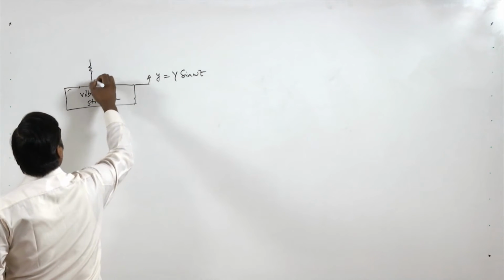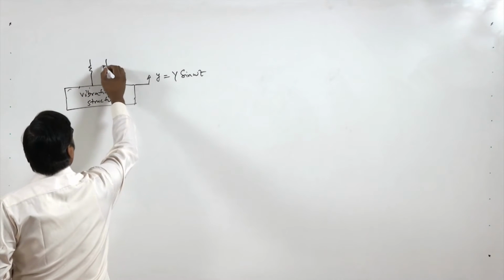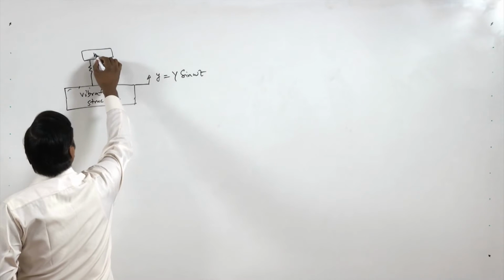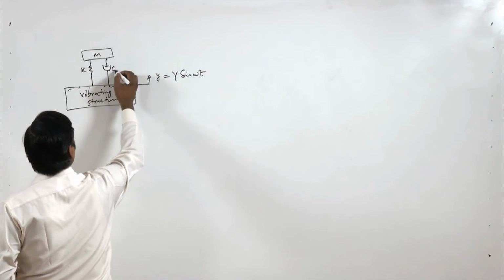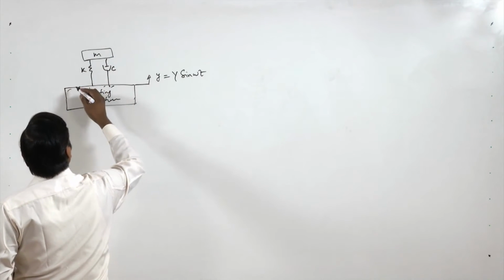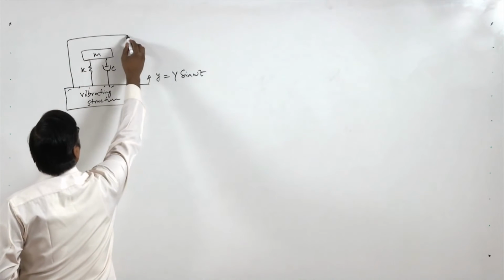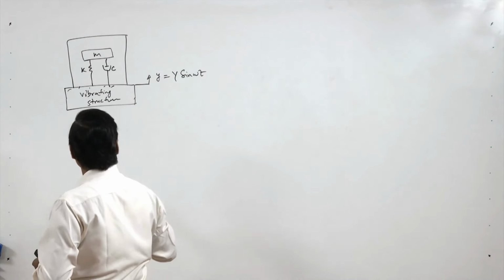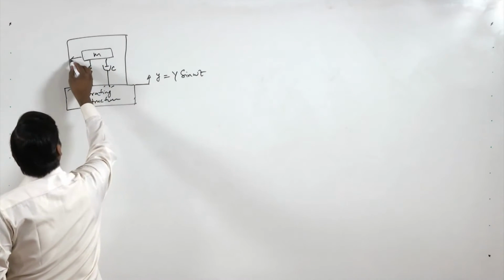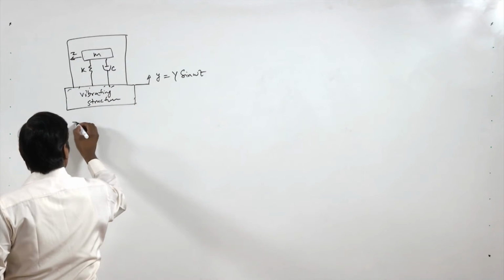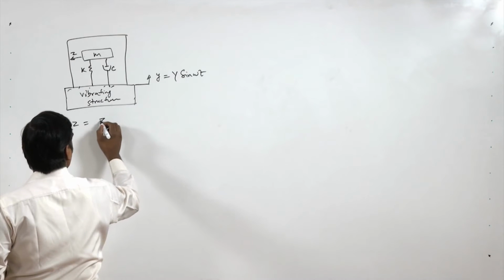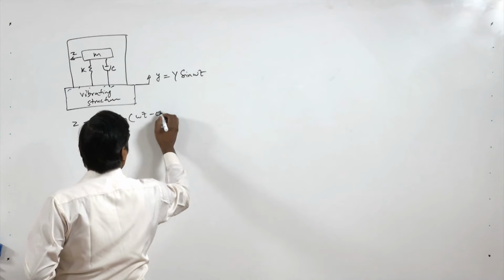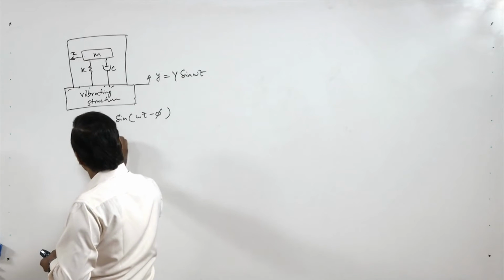Now we have this seismic mass m, k, c, and this is the frame of the instrument, and this is z, and we say that z equal to Z sine omega t minus phi. So here phi is the phase lag.